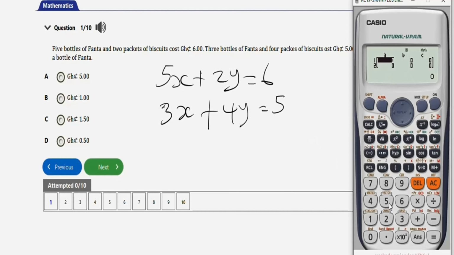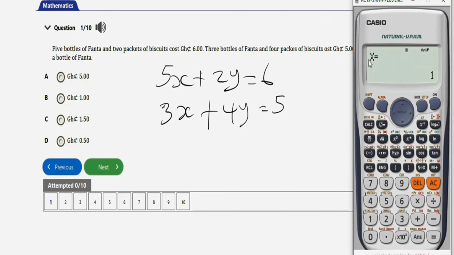For the first equation we have 5, 2, and the constant is 6. Then for the second equation we have 3, 4, and the constant is 5. So that's it. Let's press equals now to get the output.